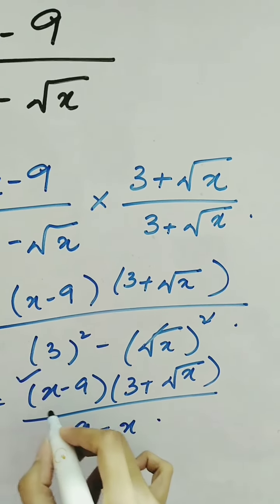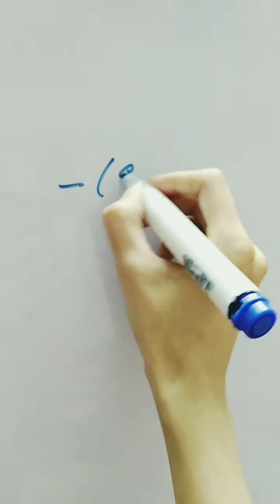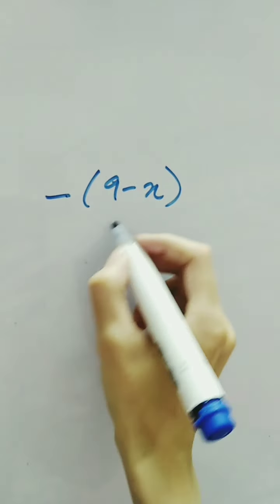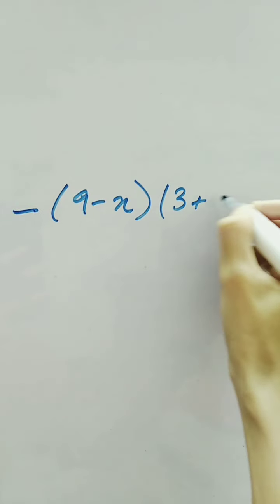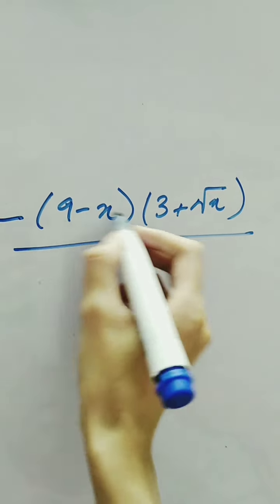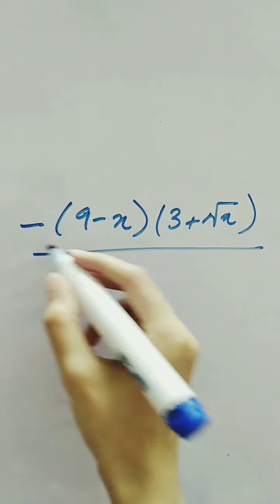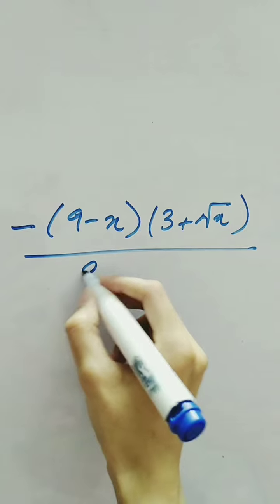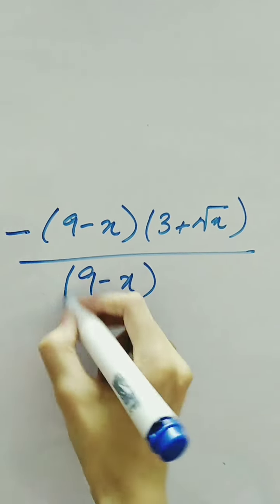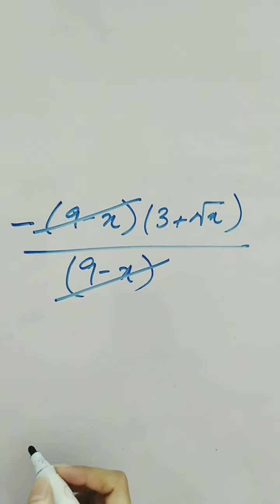We are going to take minus common from this term, and we have minus 9 minus x, 3 plus root x. If we multiply this minus with this term, it comes out as x minus 9. So we can take minus common from here. We have done that, so we can cancel it out with the denominator.